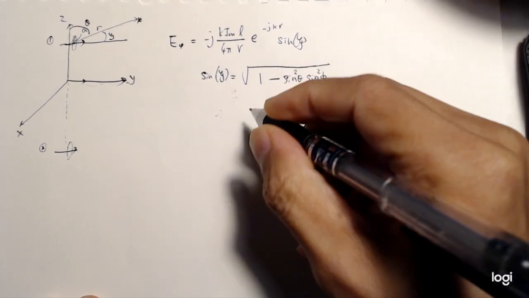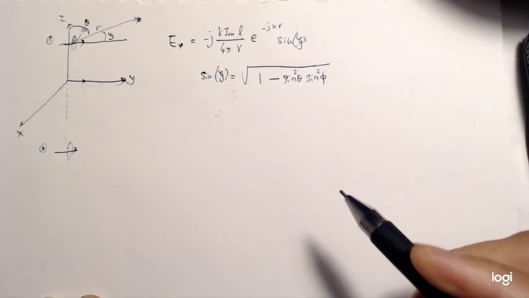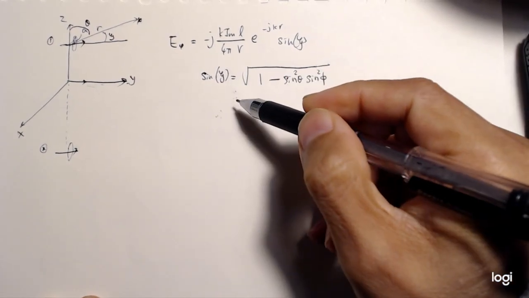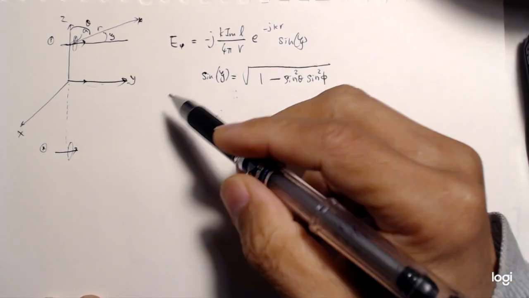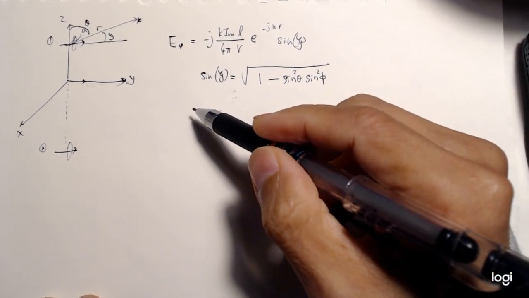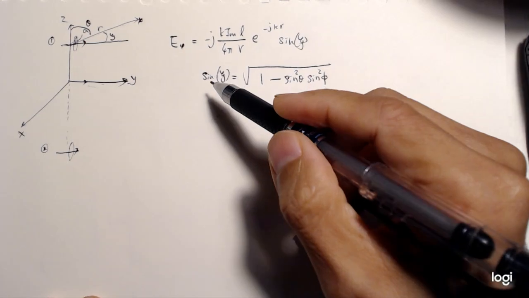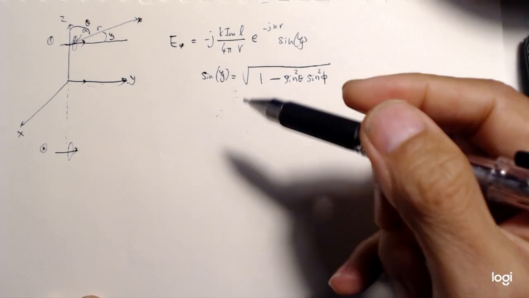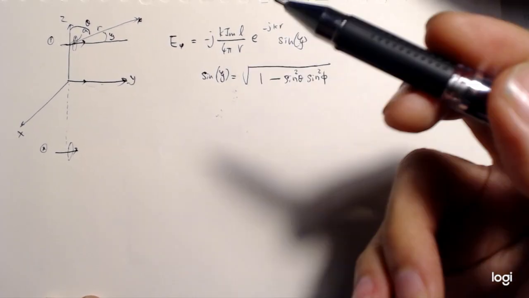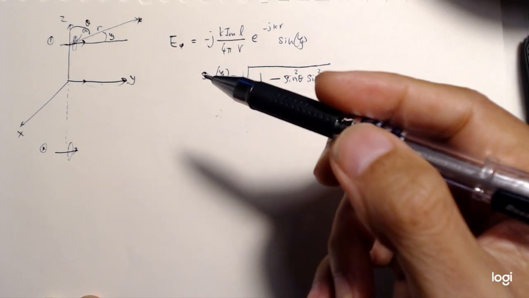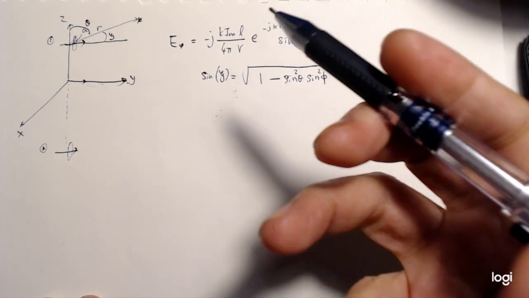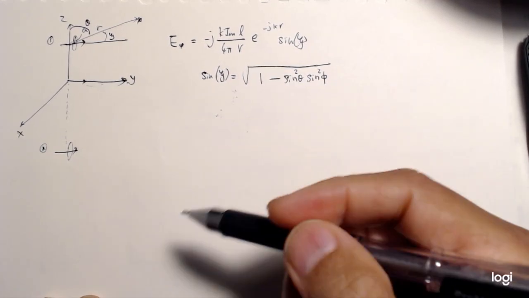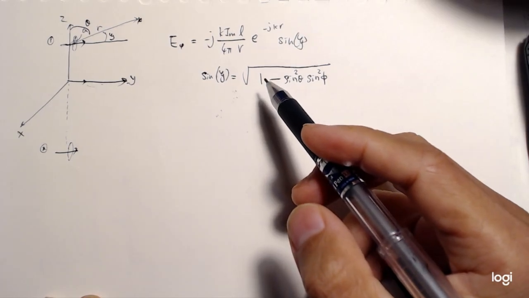This is the formula, and we have already derived it in the solution to question 21. If you have a question, you can either leave it in the comment section of this video, or take a look at the video for question 21.